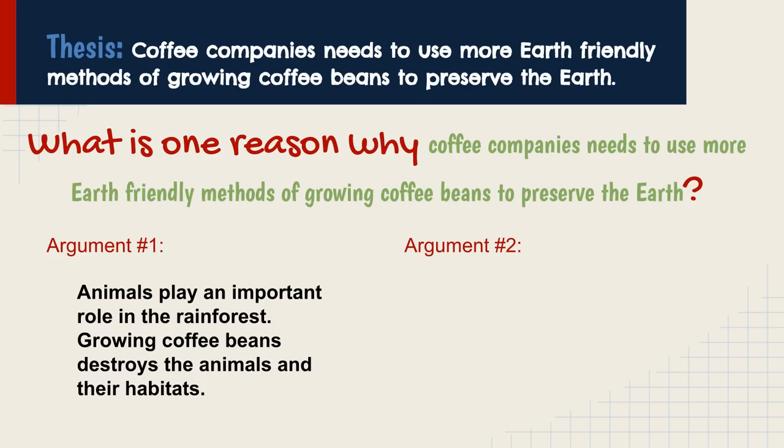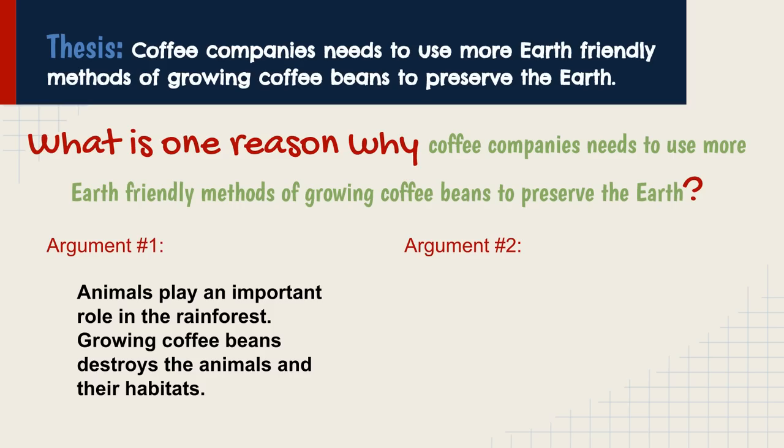So let's look at my second argument. Well, I remember reading a lot about how the rainforest is really important because trees soak up carbon dioxide. But I also remember reading a lot about how the coffee companies use this method called slashing and burning to destroy the rainforest.